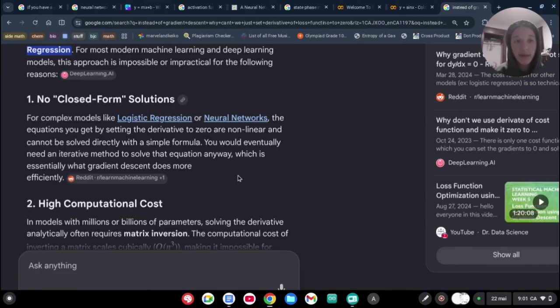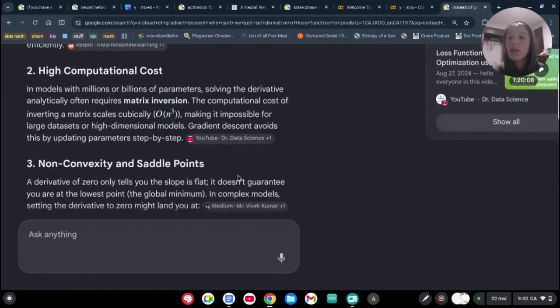Okay, so let's just look at what it's saying. It's saying that the equations you'd get when you set the derivative to 0, you can't solve, I guess. So you might need an iterative method, like Newton's method, for example, to solve it anyway, which a neural network in itself is just an iterative process, like gradient descent.